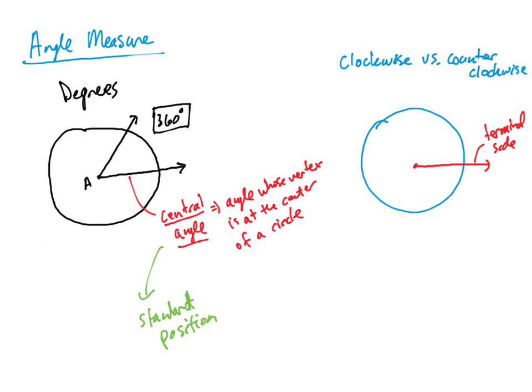Now, if we have a ray here, let's call it the terminal side, let's say we rotate that counterclockwise. So let's say I rotate that ray and then it ends right here. That ray has been rotated counterclockwise to form a new angle, and that angle we would say has a positive measure.